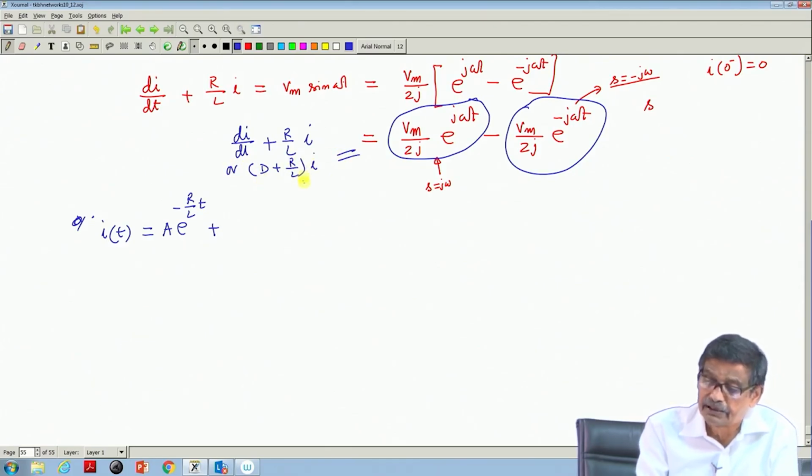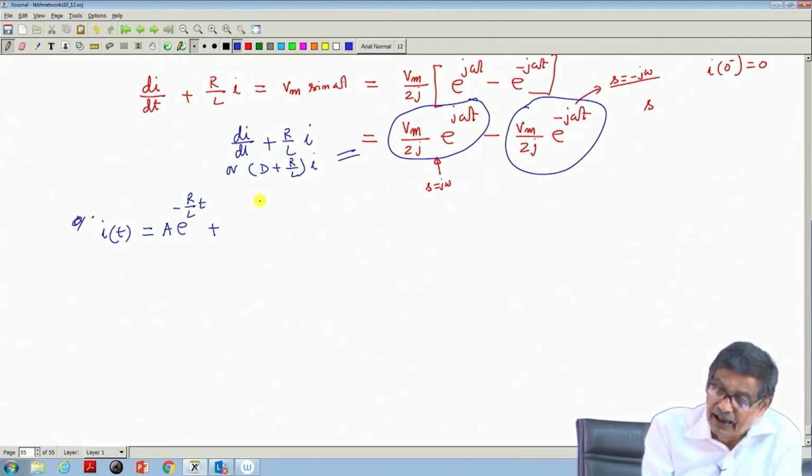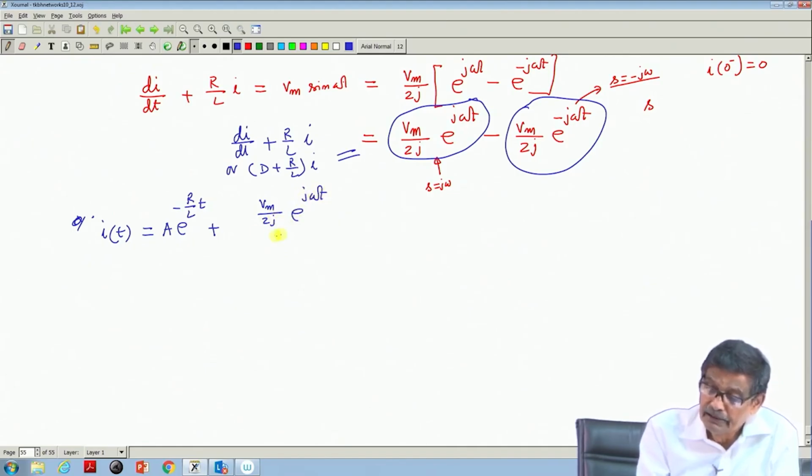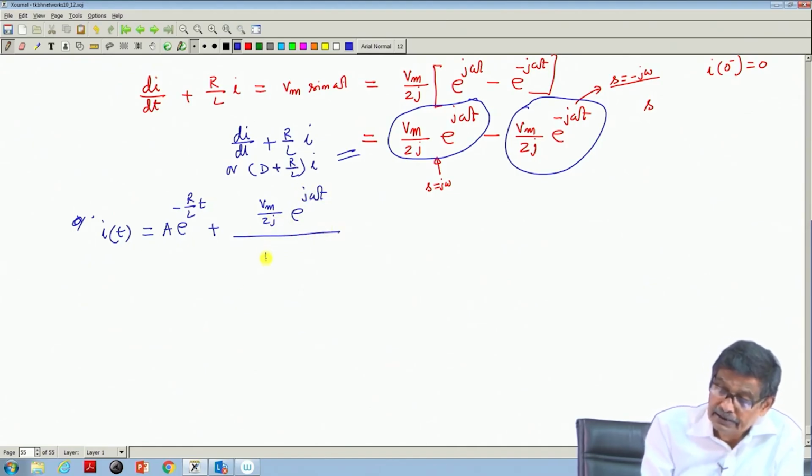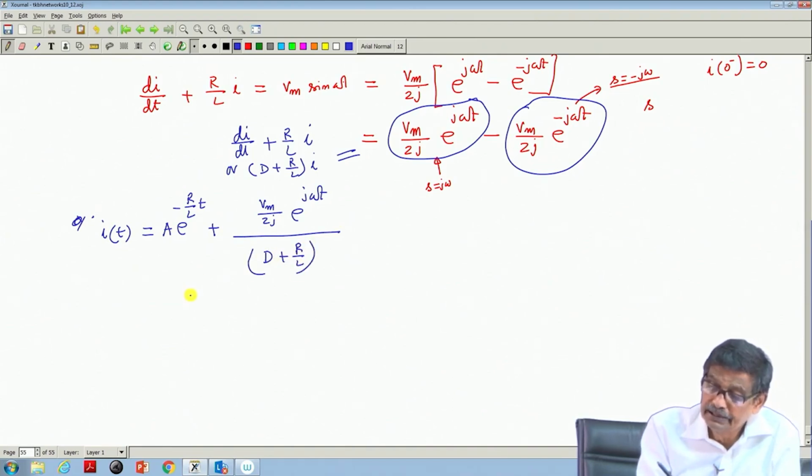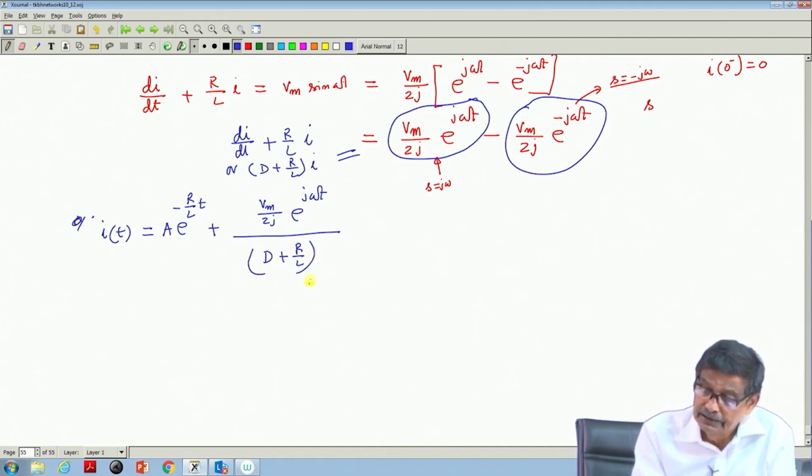Then the solution due to the forcing function will be the input signal, I write it V m by 2j into e to the power j omega t divided by D plus R by L. You bring this down on this side and evaluate it at D equal to j omega.